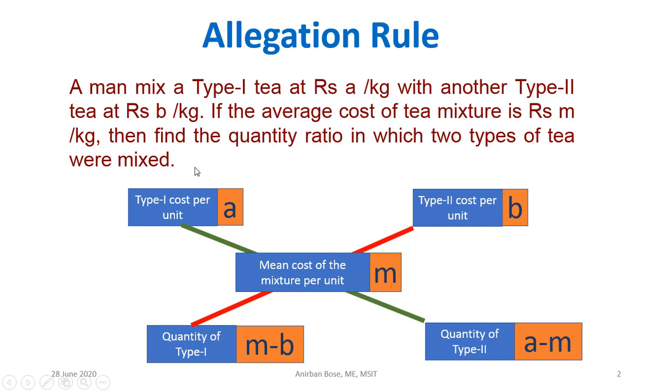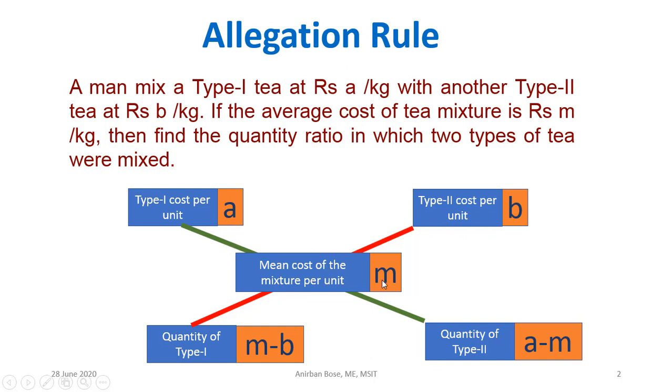To solve this kind of problem, first let us write the cost per unit of type 1, the cost per unit of type 2, and write the mean here. So you just write it this way: here it is A, here it is B, and here it is M.